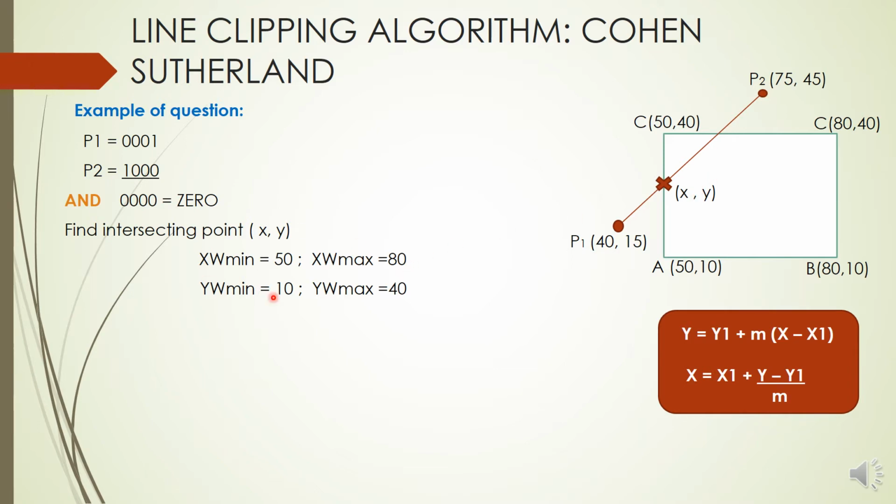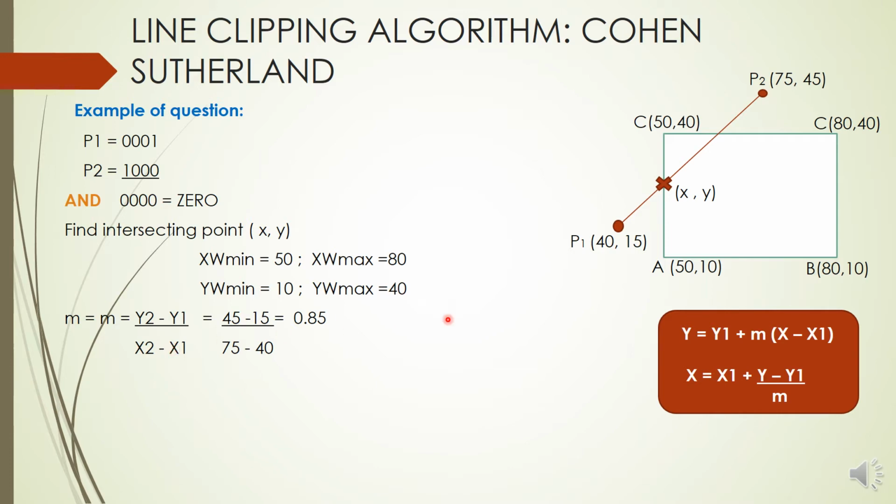Now we need to find the intersecting point, so we need to use these two formulas. Let us find the slope, m, first. m is equal to y2 minus y1 divided by x2 minus x1.